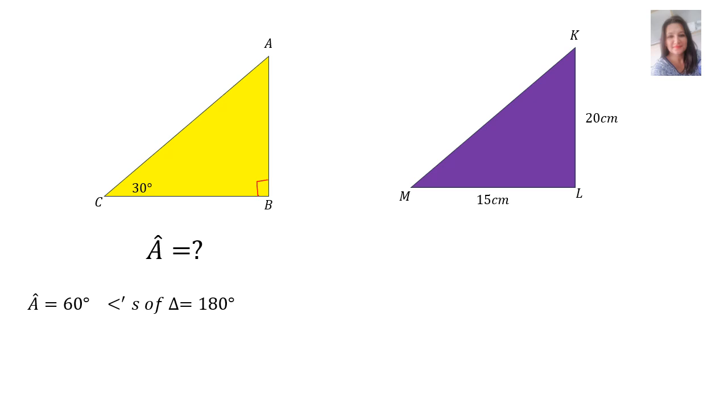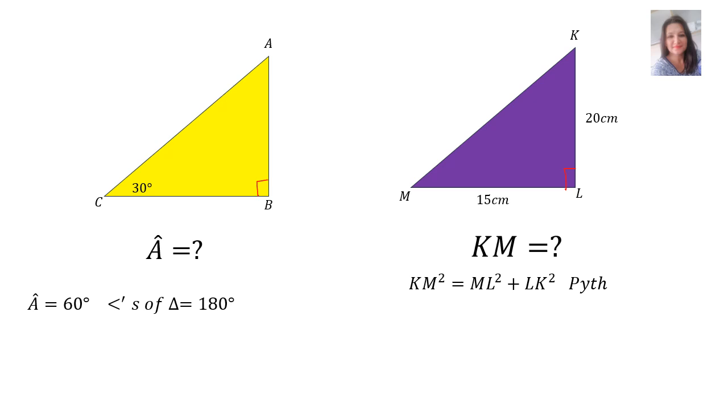And then on the right hand side, in this right angle triangle, the purple triangle, if the question was maybe give the length of KM, then without you realizing it, you had enough information to use the theorem of Pythagoras to find the length of KM. So you would say, KM squared is equal to ML squared plus LK squared.